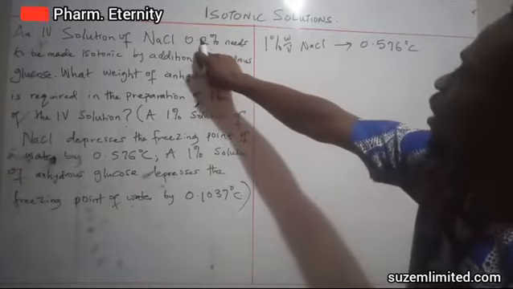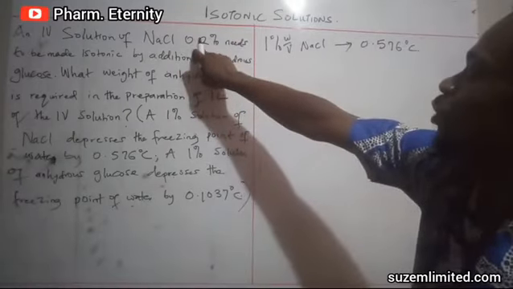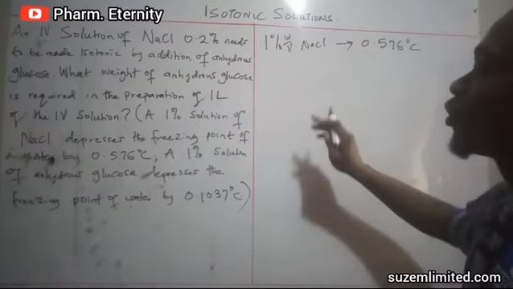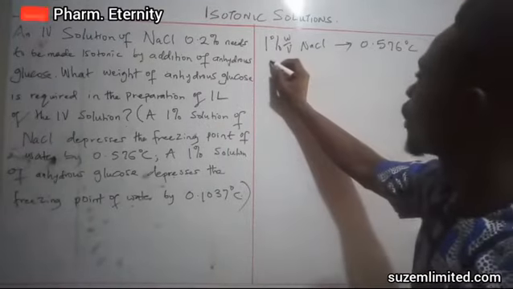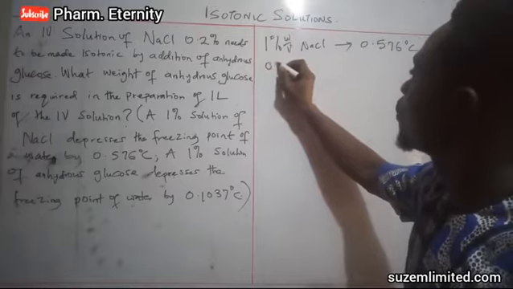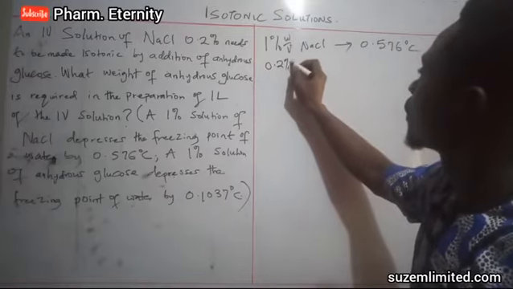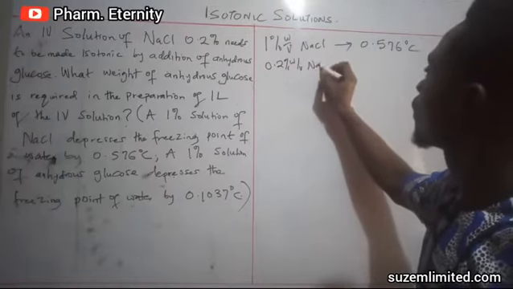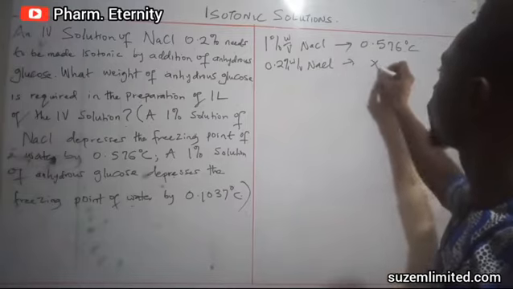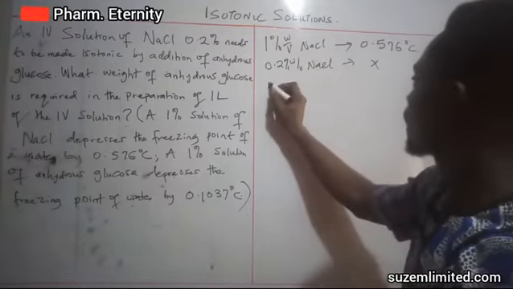Now let's see the extent to which 0.2% weight per volume of sodium chloride can depress it. To what extent? We don't know. We call it X.